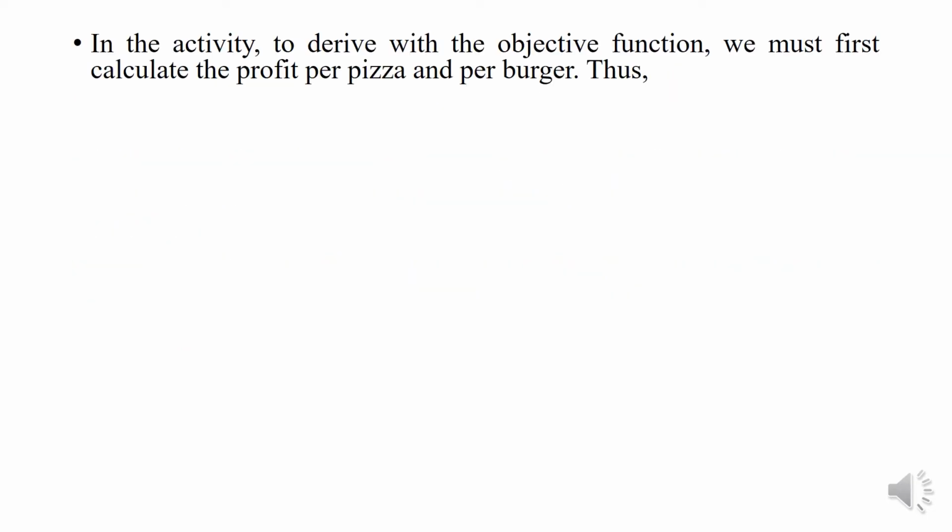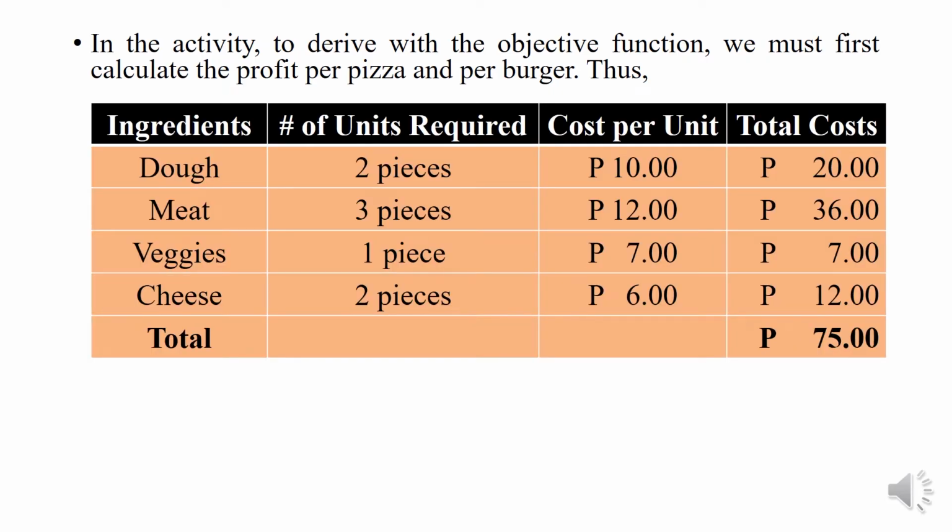In the activity to derive the objective function, we must first calculate the profit per pizza and burger. Since we are given the selling price and the cost, we first need to compute the profit per pizza and burger. So we have the ingredients for the pizza. For every unit of pizza produced, we need two pieces of dough, three pieces of meat, one piece of veggies, and two pieces of cheese, a total of 75 pesos.